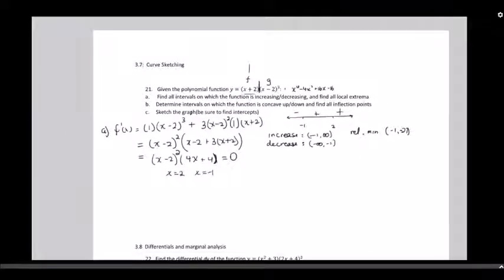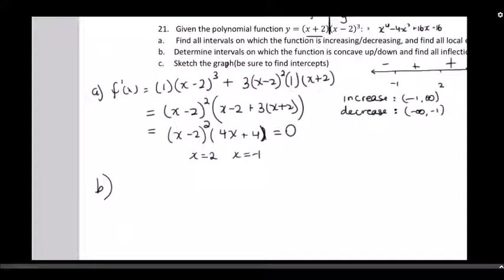Okay, so for part B, we're going to need intervals in which the function is concave up and concave down. That means we're taking a second derivative, so we could take the derivative of the first derivative. I think, however, I'm going to go back to this form of the polynomial. The first derivative, f prime of x, was 4x cubed minus 12x squared plus 16.